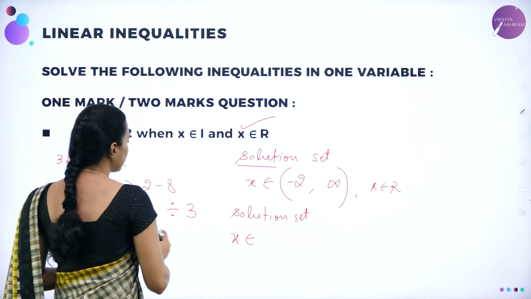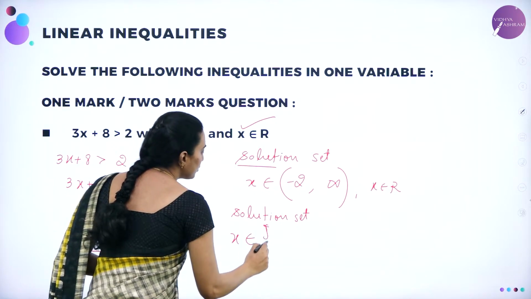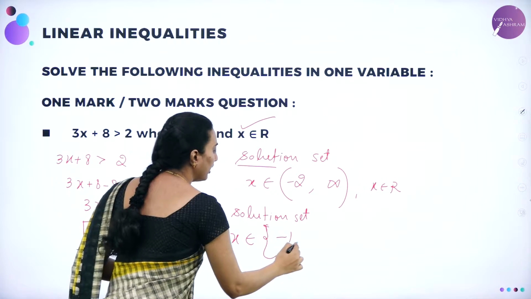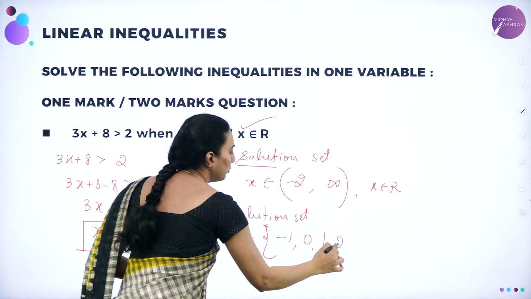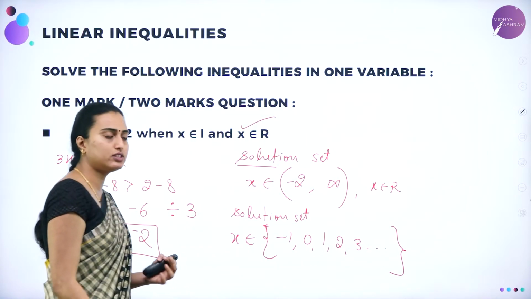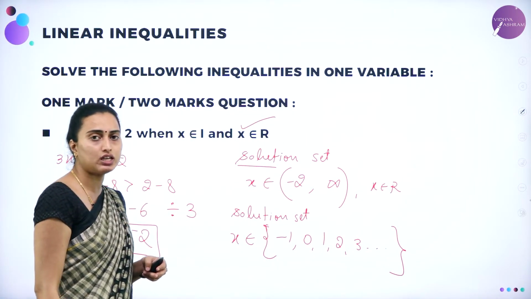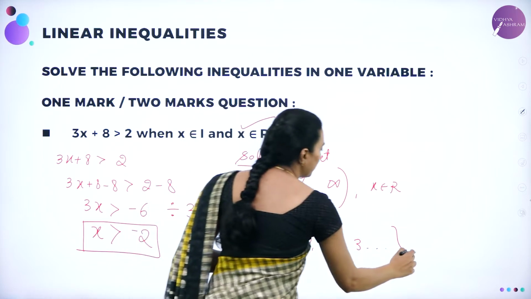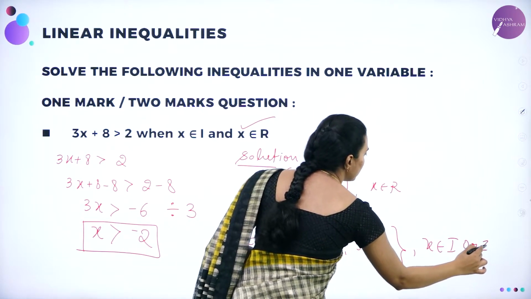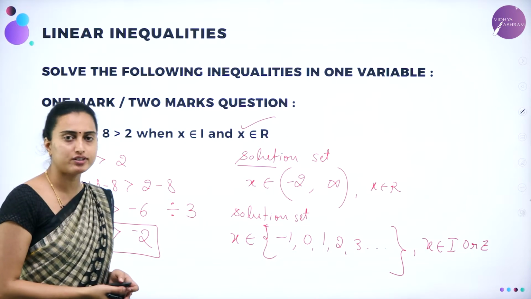And here I am writing x greater than minus 2 means minus 2 is excluded, after minus 2 will come minus 1 and then 0, 1, 2, 3, etc. If you write 3 dots is enough. This is how you are going to represent the solution set when x belongs to the integer they have given. They can give x belongs to I or x belongs to Z. Both are same. I hope you got this one, how to solve.